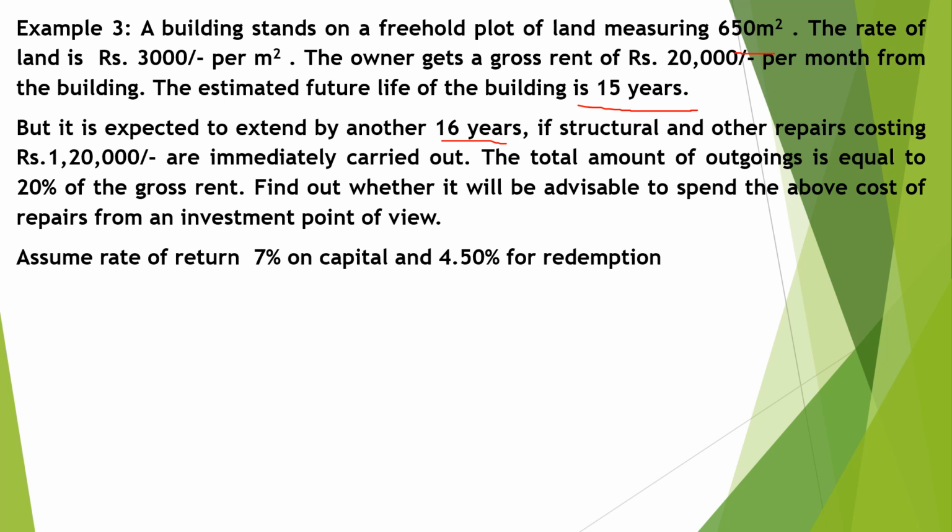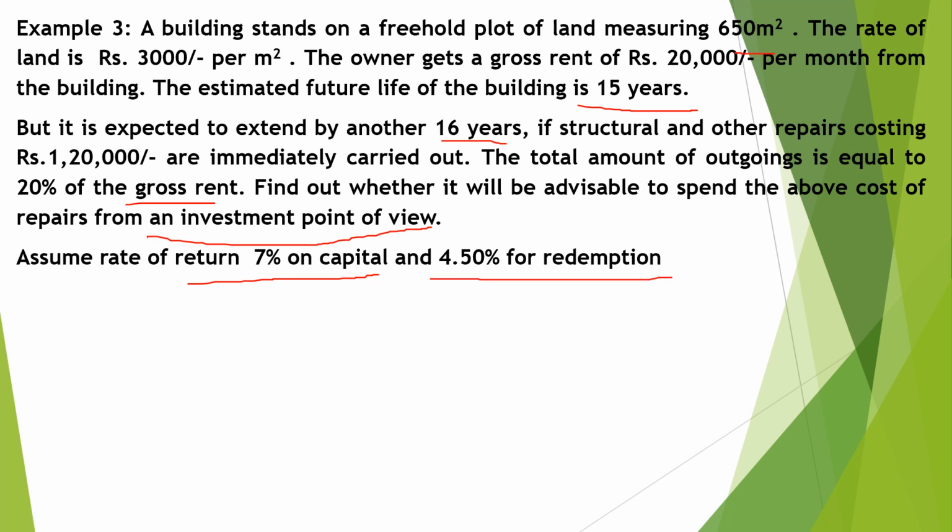The total amount of the outgoings is equal to 20% of gross rent. Find out whether it will be advisable to spend the above cost of repairs from an investment point of view. Assume the rate of return 7% on capital and 4.5% on redemption.